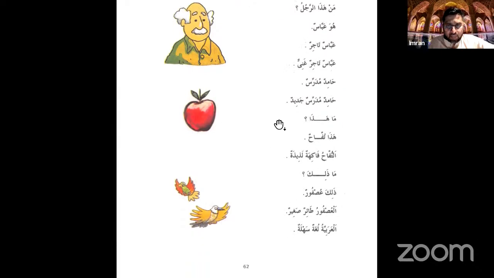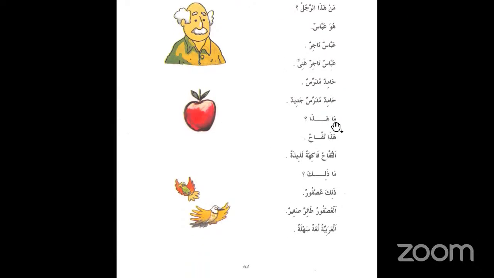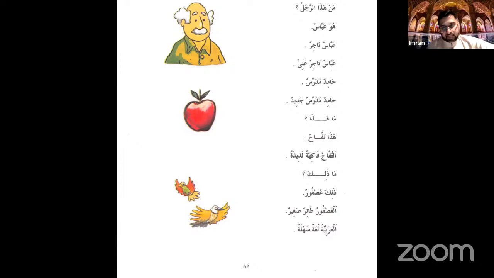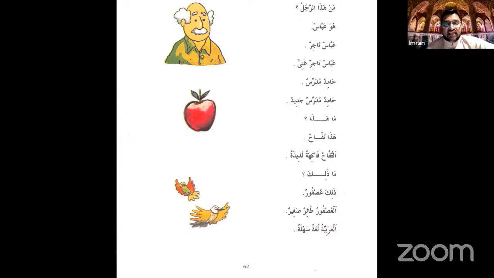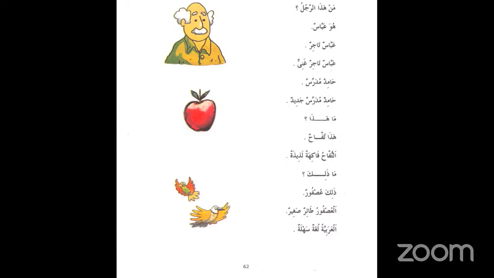Next person I'm going to ask is Sister Gulshan with Sister Shahida. Ma haza? What is this? Haza tufahun. This is an apple.